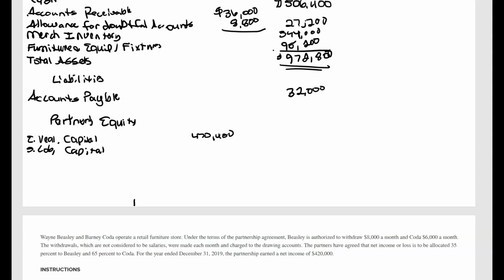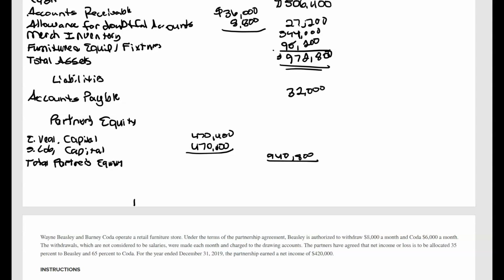She has the exact same amount. Total partners equity, add the two together, is $940,800.